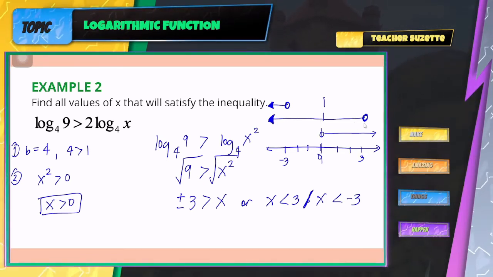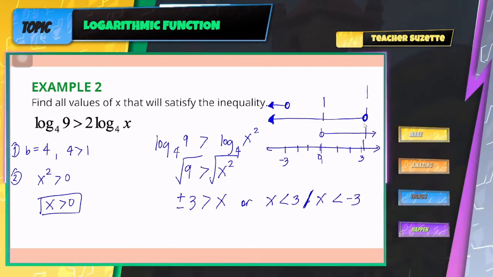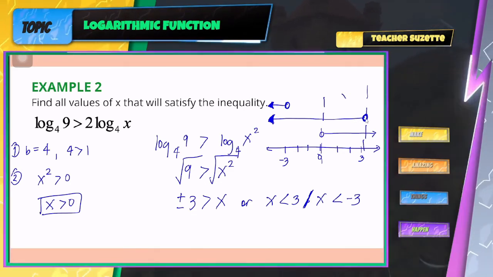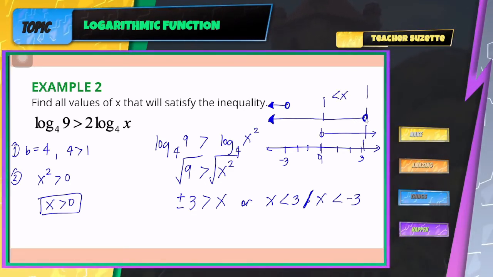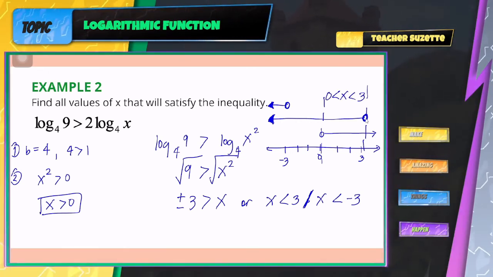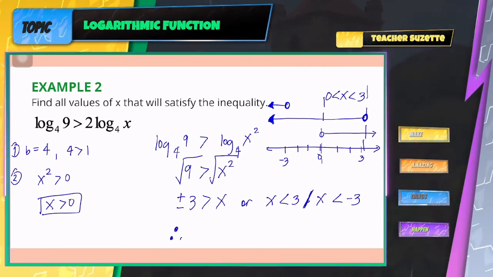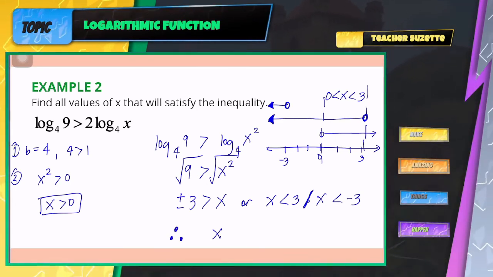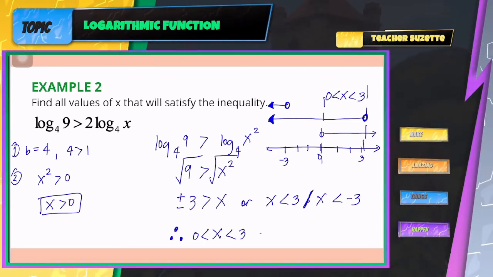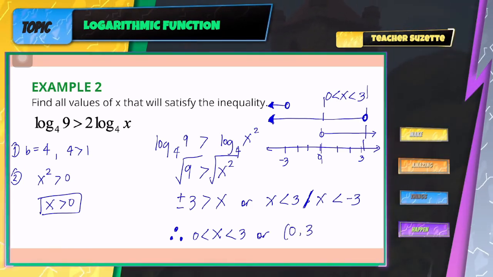So, therefore, magkakaroon tayo ng boundary dito when our x is equal to 3. So, therefore, ang magiging solution lang po natin is when our x is greater than 0 and less than positive 3. So, therefore, our answer is x is greater than 0 and less than 3, or in interval form that is 0, positive 3.